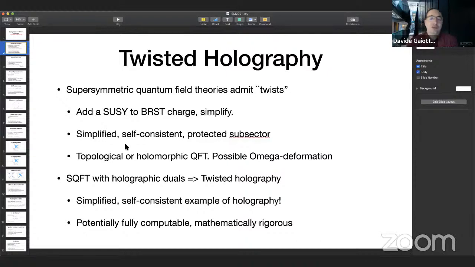Anyway, once you manage to identify both the twisted supersymmetric quantum field theory and the twisted supergravity background, then you get yourself a simplified but self-consistent model of holography, where everything is potentially computable and can be done in a mathematically rigorous way. So it's a setup where you can literally prove an example of holography, a complete example of holography.